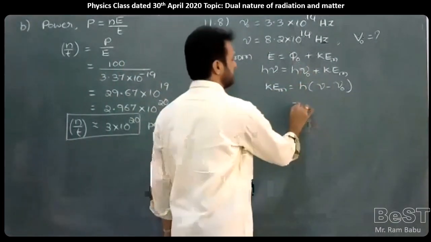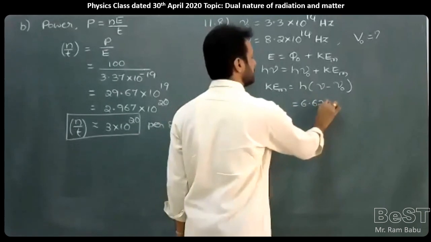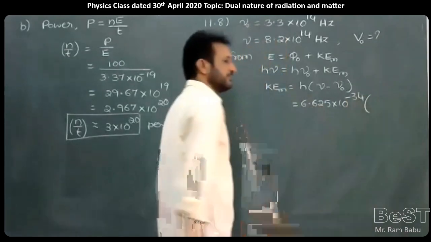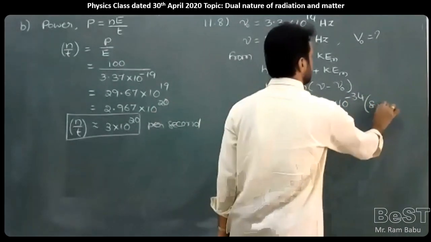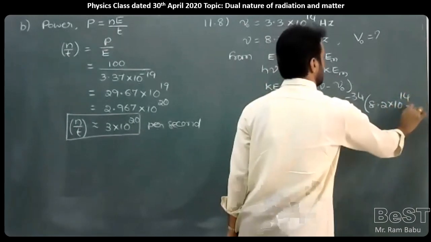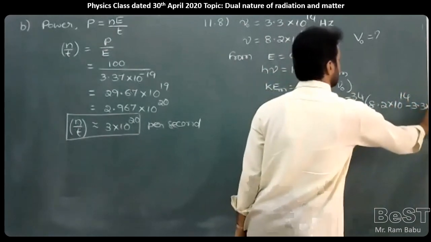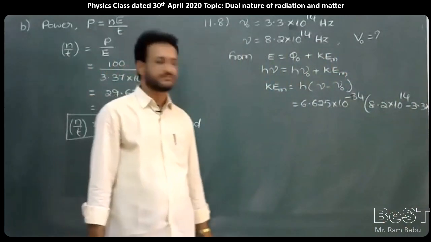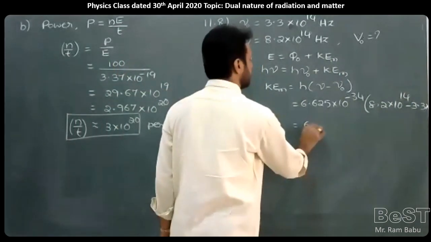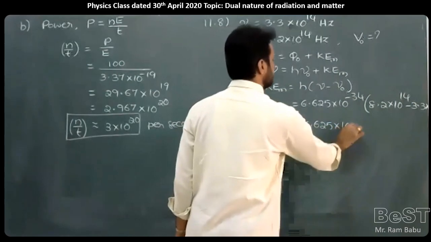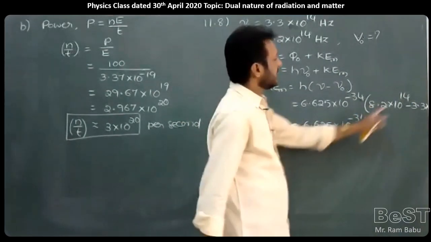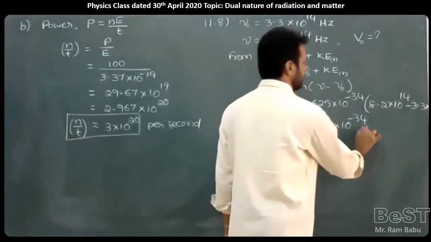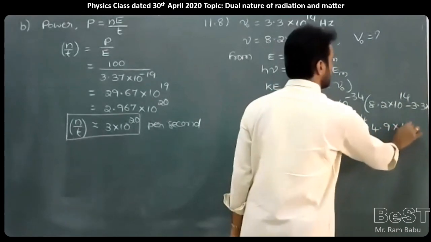I'll substitute the values here. h is equal to 6.625 into 10 to the power of minus 34, into the given frequency 8.2 into 10 to the power of 14 minus 3.3 into 10 to the power of 14. Here 10 to the power of 14 we can take common: 8.2 minus 3.3 is 4.9 into 10 to the power of 14.